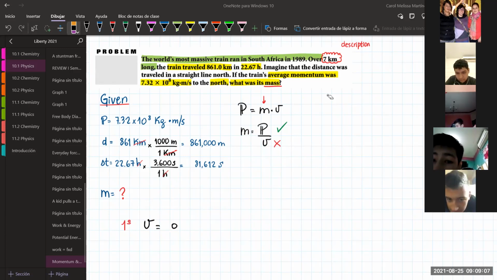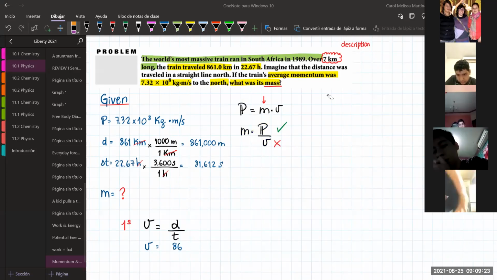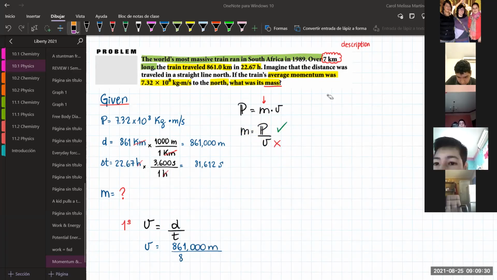Velocity is equal to distance divided by the time. I have the distance and I have the time, so all I do is plugging in the givens. The distance, that is 861,000 meters, divided by the time, that was 81,612 seconds.